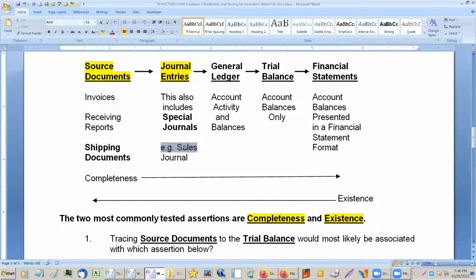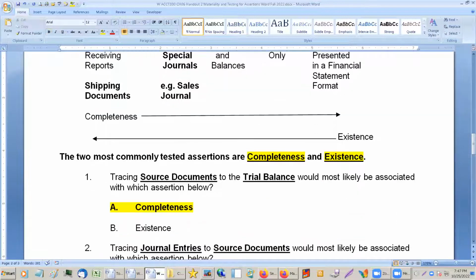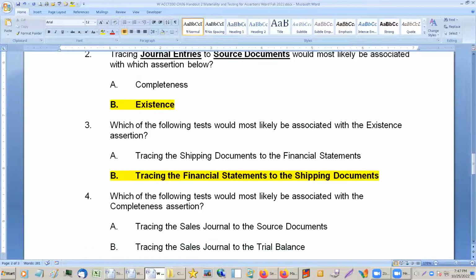Yeah, here's the sales journal. And you want to make sure that everything on the sales journal shows up on the financial statements at one point, but there's an intermediate step there, right? You see if it's on the trial balance. So these sales should show up on this trial balance. In other words, is this trial balance complete? You said it exactly right.